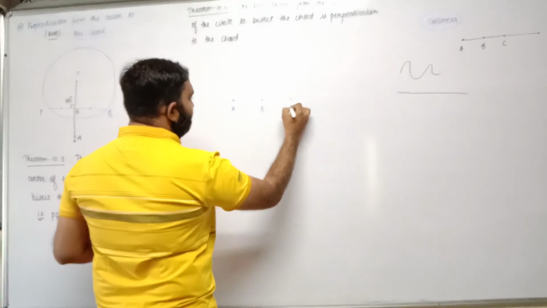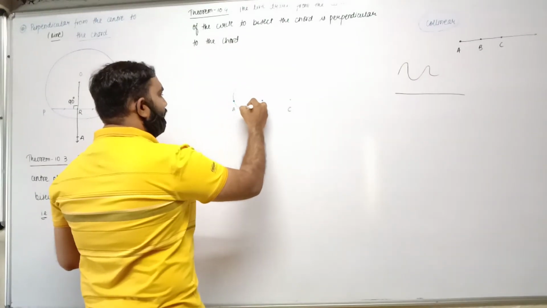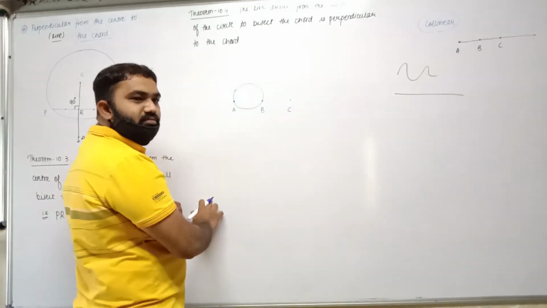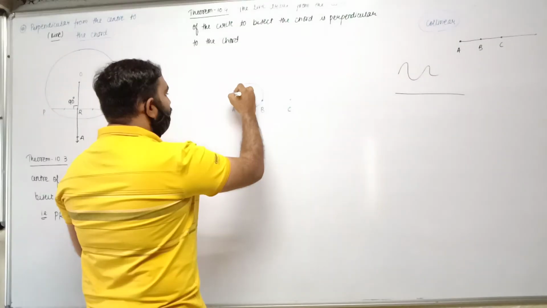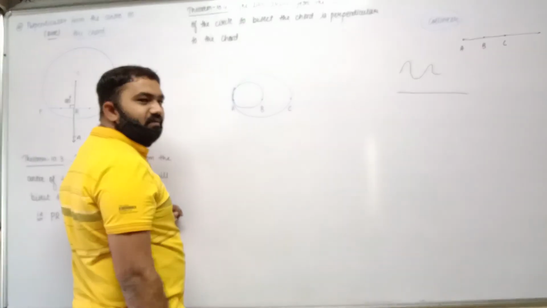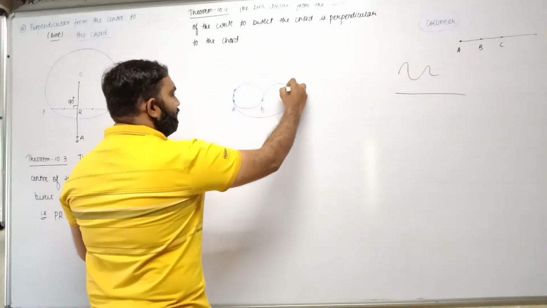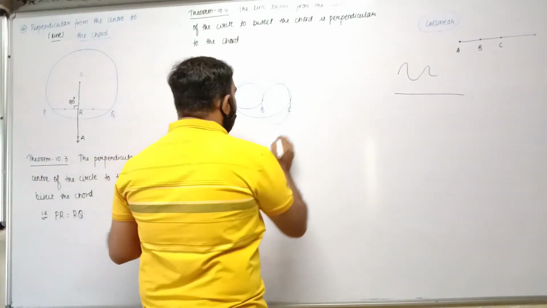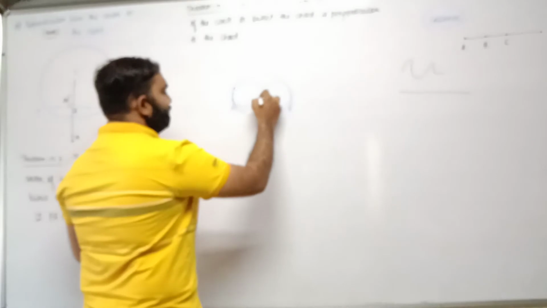Now if I draw a circle covering the points A and B, then C is left out. If I draw a circle covering A and C, then B is left out. And if I draw a circle covering B and C, then A is left out. It is not possible to draw a circle like this.